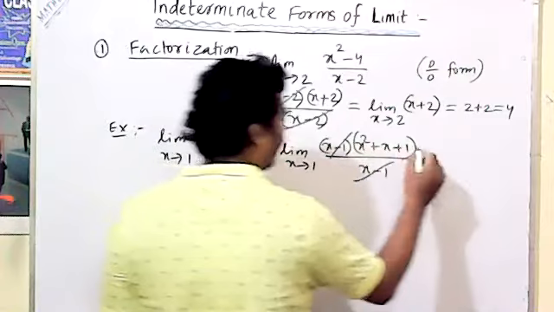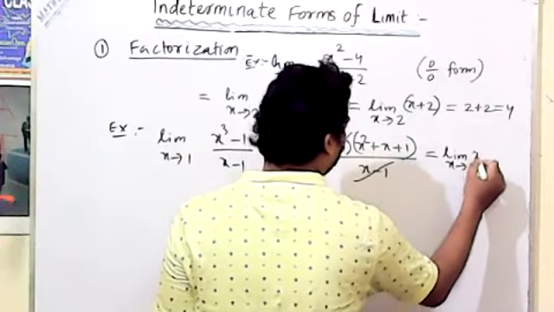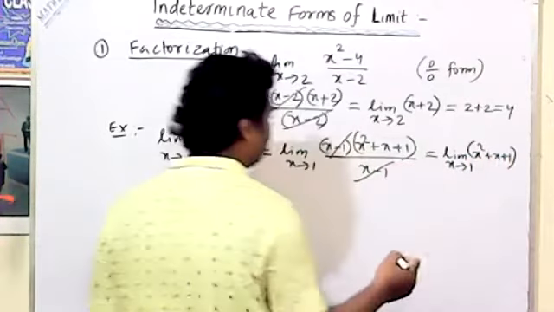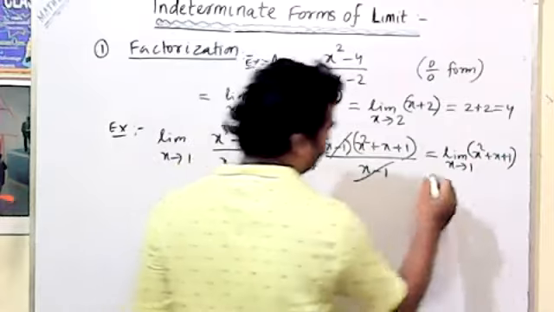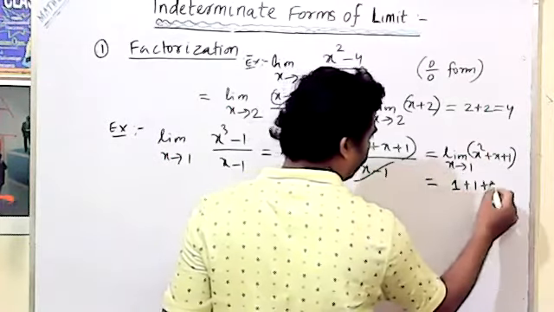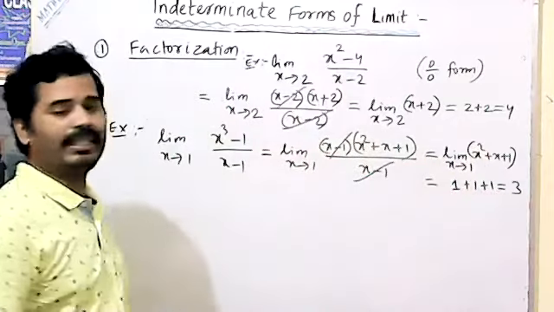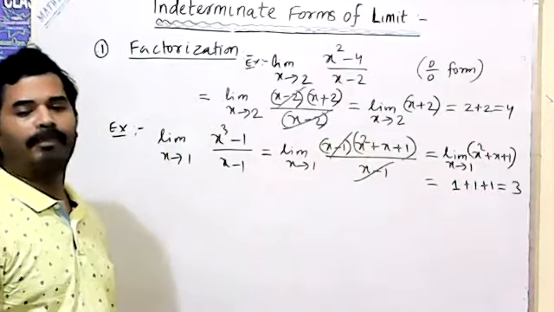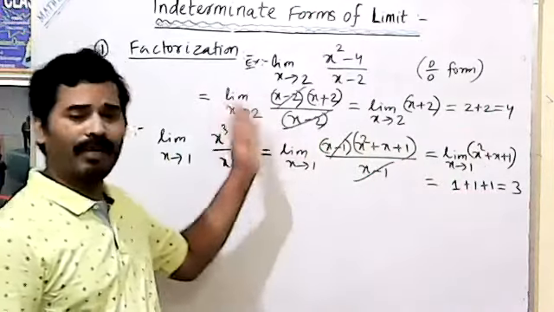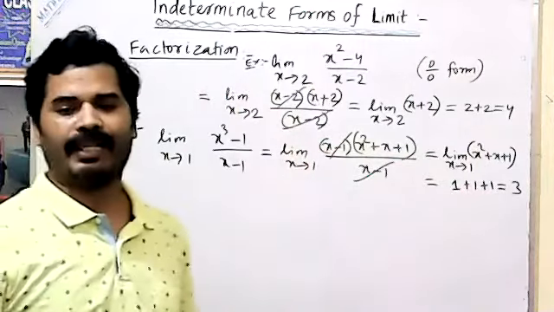Now cut it, the value comes, limit x tends to 1, x square plus x plus 1. The value here is 1 plus 1 plus 1, that is 3. If this type of question comes, you have to solve it using the factorization method, or you can apply any other method also. So this is the way of factorization.